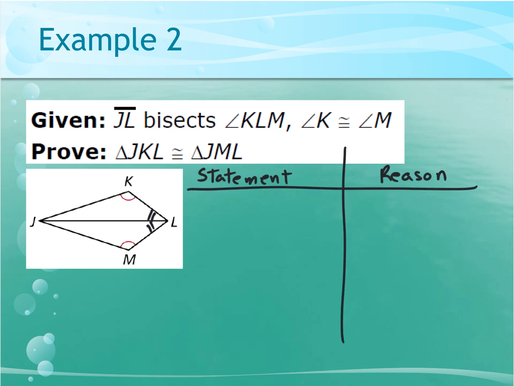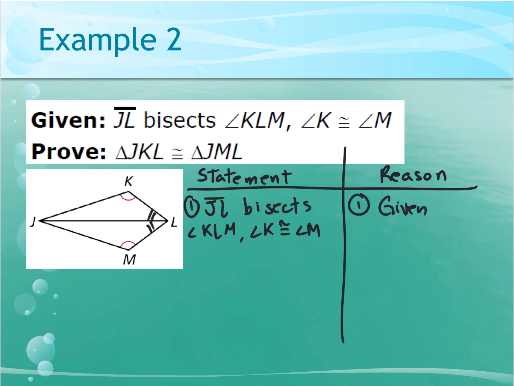I'm going to start writing the given. So JL bisects angle KLM and angle K is congruent to angle M. So that's a given. For the second step, I'm just going to go with the angle I marked. I already marked it, so let's write it down. So we have angle KLJ is congruent to angle MLJ. That is the definition of an angle bisector.